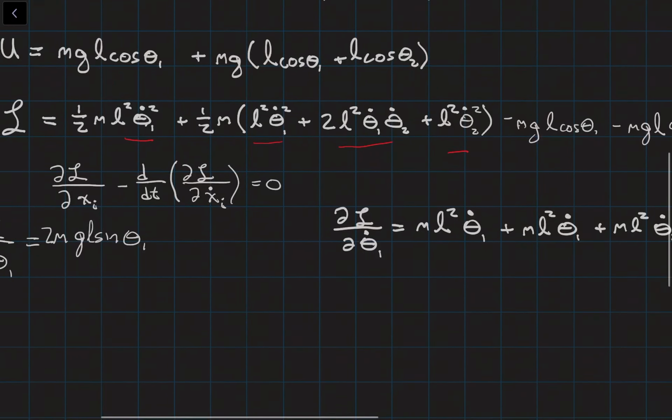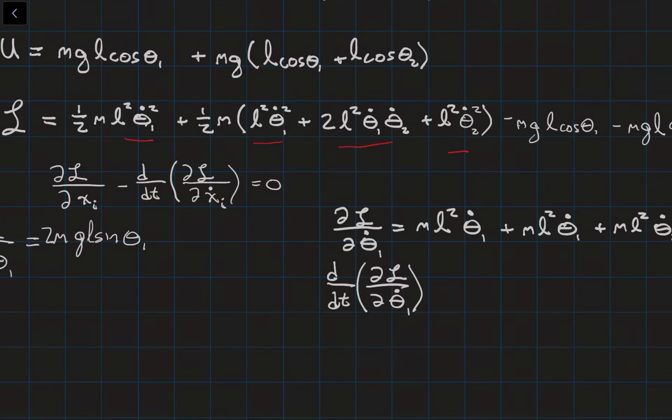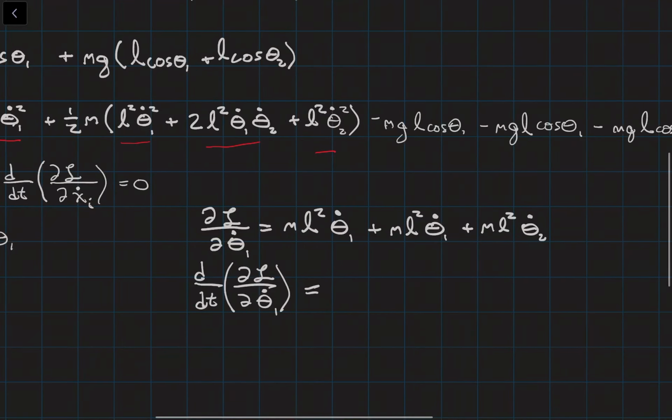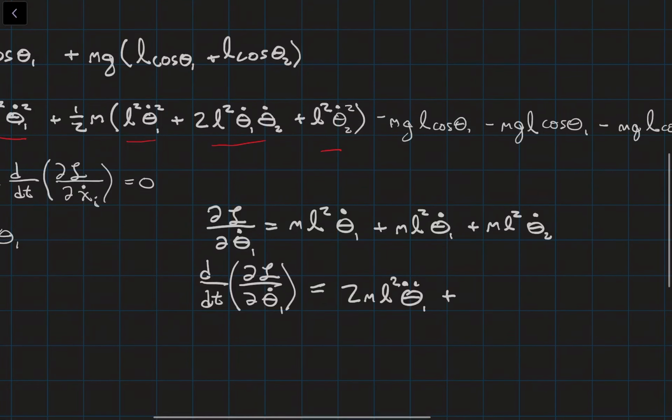So now we need to take the time derivative of this. That's pretty simple here. We just have mL squared theta 1 double dot plus, well, let me just go ahead and combine those. Two mL squared theta 1 double dot plus mL squared theta 2 double dot.